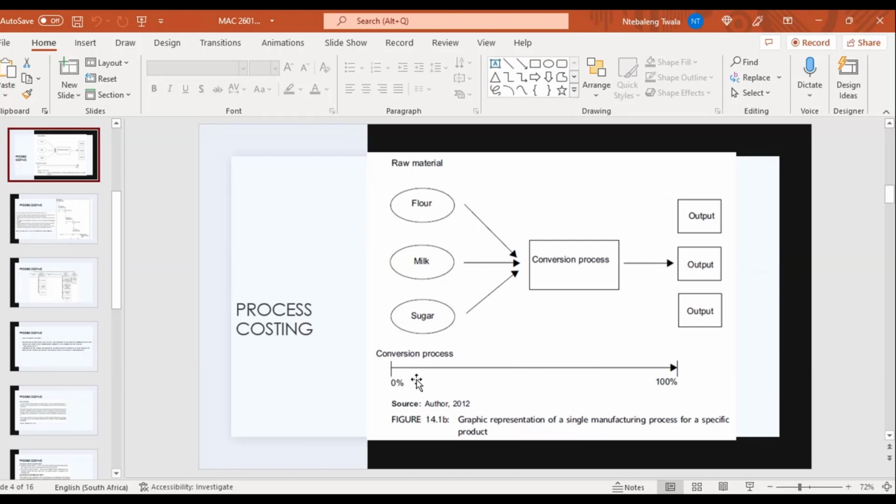So whatever completion percentages are happening here, 60%, 50, 80, whatever, when you are counting your work in process, your raw material, your material cost, always put it at 100%. That's the number one rule that you need to remember.